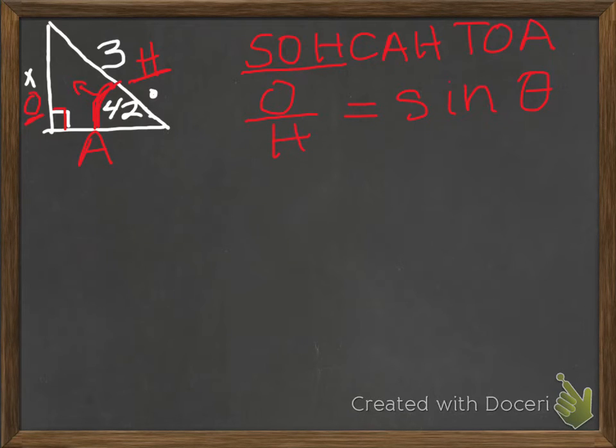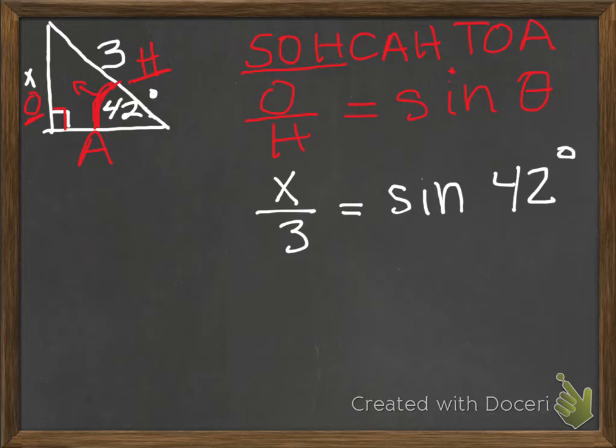Now we're going to substitute all the information. The opposite is x, the hypotenuse is 3, and the angle is 42 degrees. Then we use our calculator, and we find that the sine of 42 degrees is approximately 0.669.